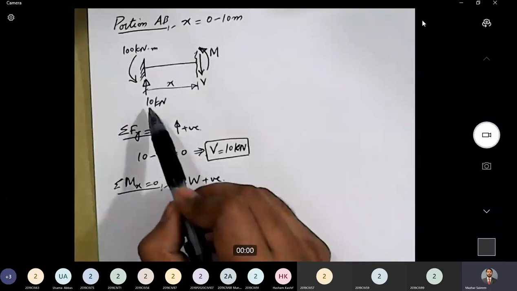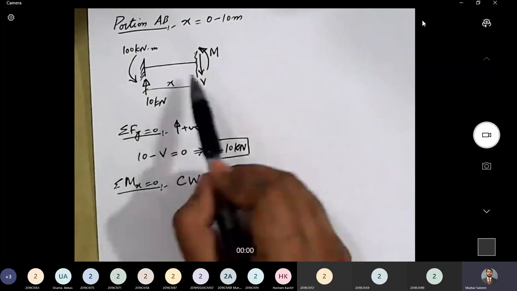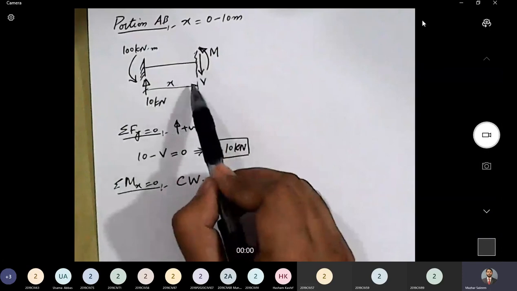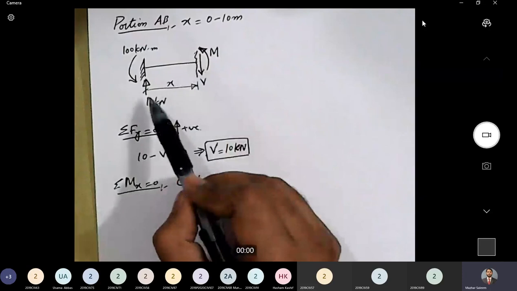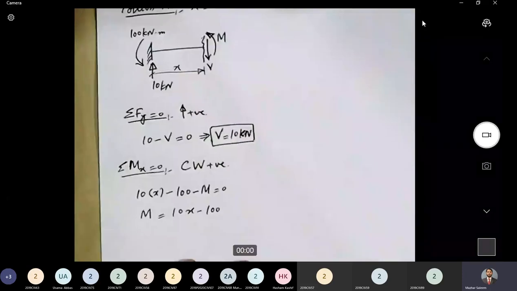So at A, x is equal to how much? x is 0. So M is equal to 10 into 0 minus 100 equal to 100 kilonewton meter. So the value of moment at point A is equal to, sorry, minus 100 kilonewton meter.